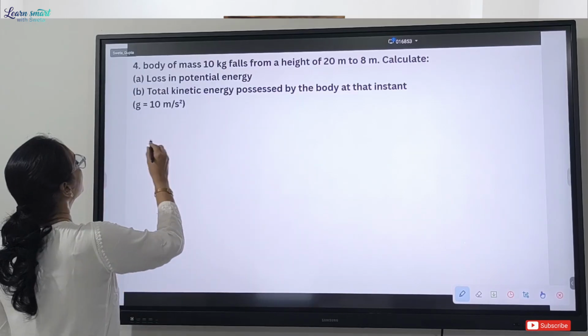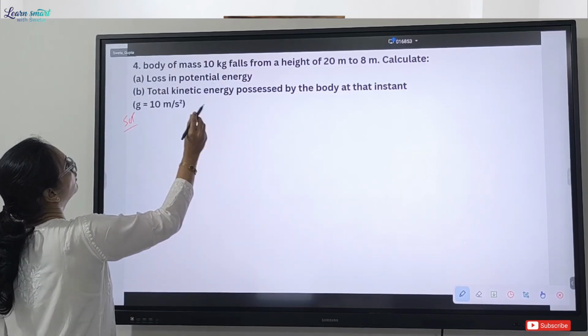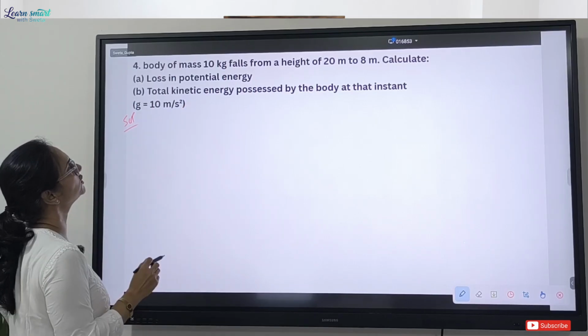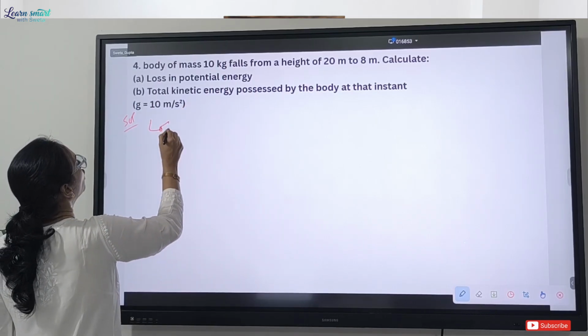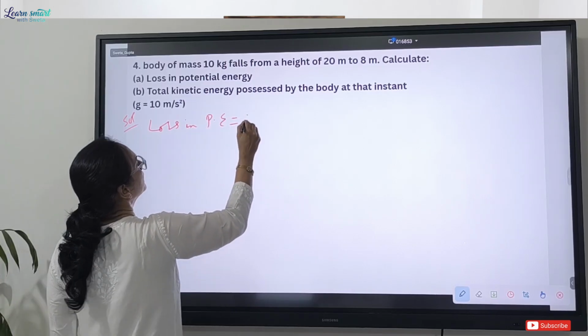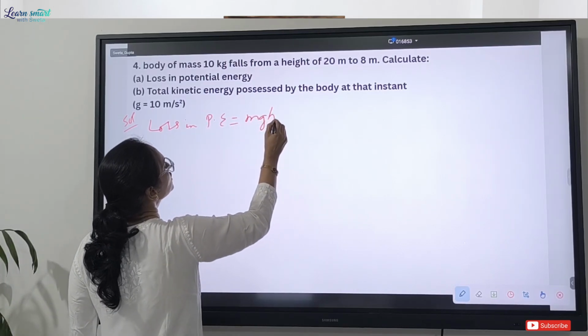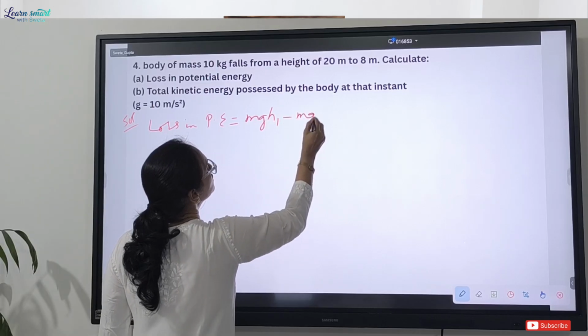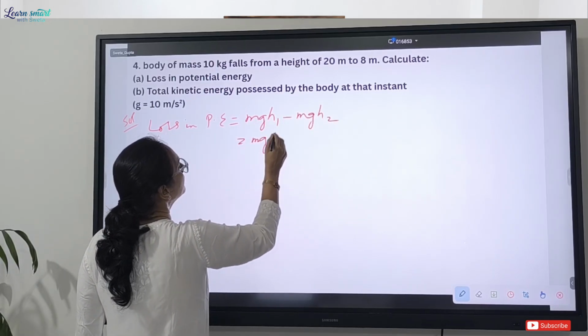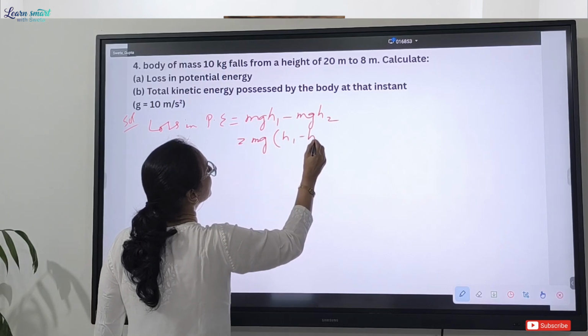A body of mass 10 kg falls from a height of 20 meter to 8 meter. Calculate loss in potential energy. So loss in potential energy will be mgh1 minus mgh2. So we can take mg as common and h1 minus h2.